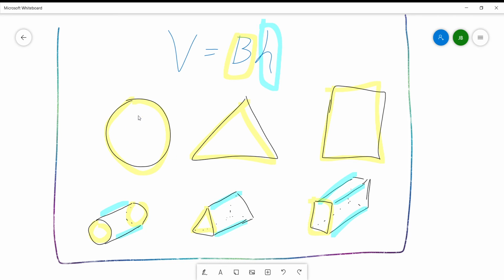We need to know the area of the circle in order to calculate the volume of a cylinder. For a triangular prism, we need to know how to calculate the area of a triangle in order to calculate the volume of the prism. In this case, I highlighted the base in yellow to show we have a two-dimensional circle, a two-dimensional triangle, and a two-dimensional rectangle for prisms and a cylinder.